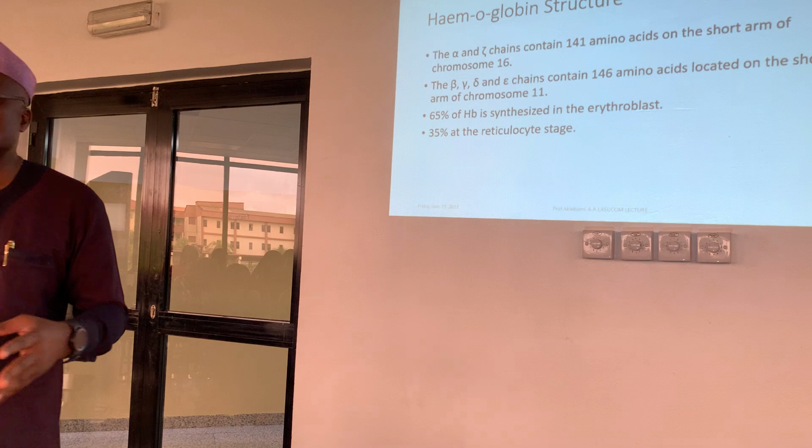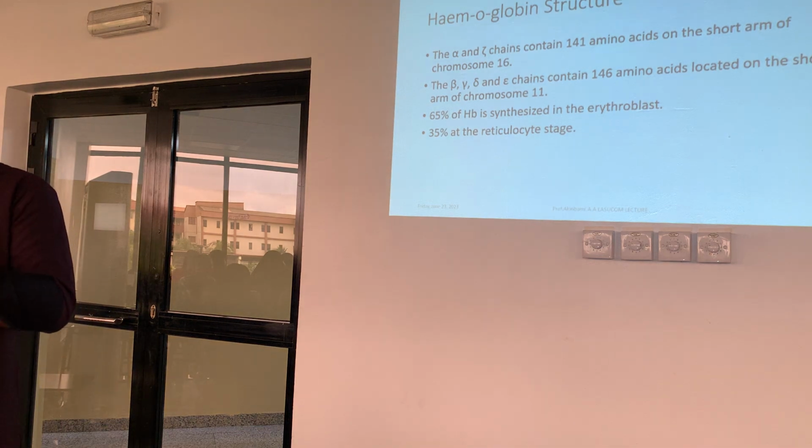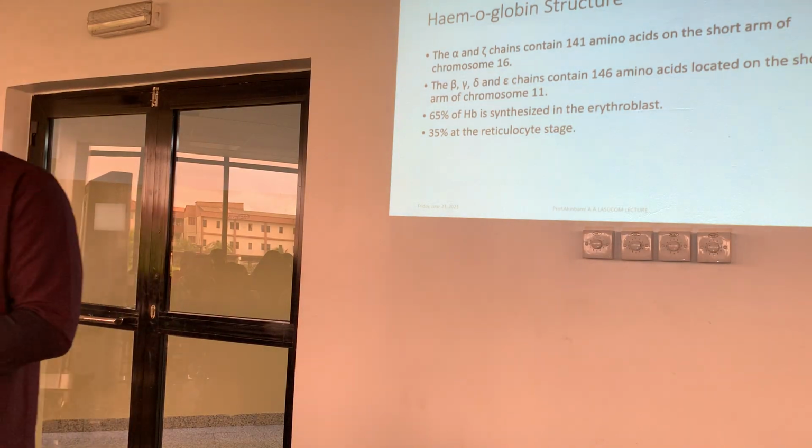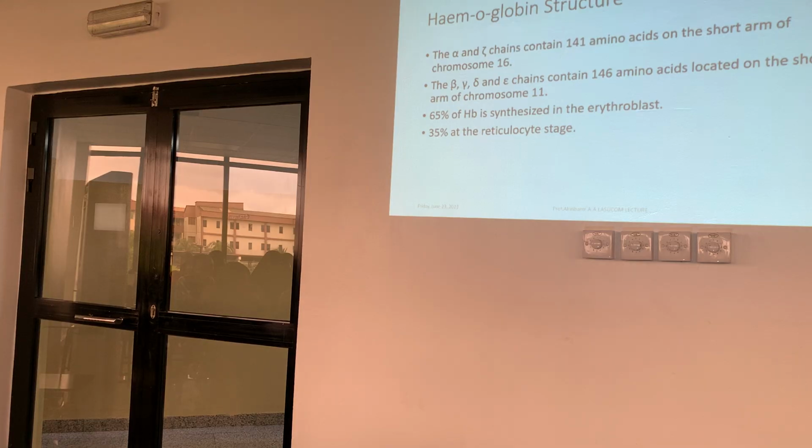So hemoglobin is formed during development of the red cell in the marrow. Once it becomes mature, it is pushed into the periphery. So if I collect your blood, I'm collecting mature red cells, and they lack mitochondria and a nucleus.